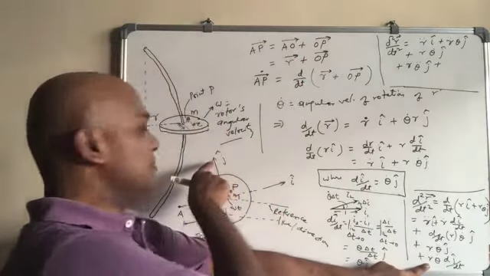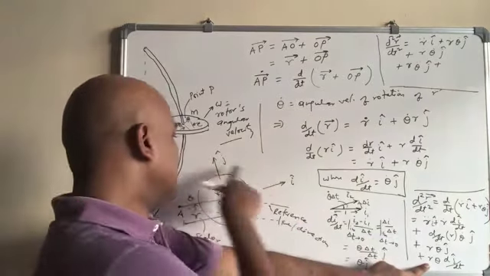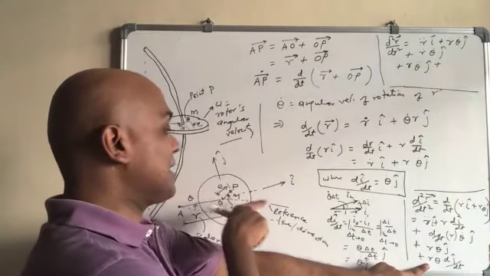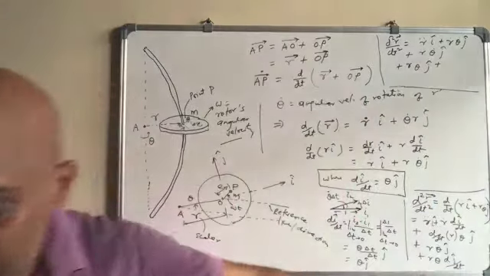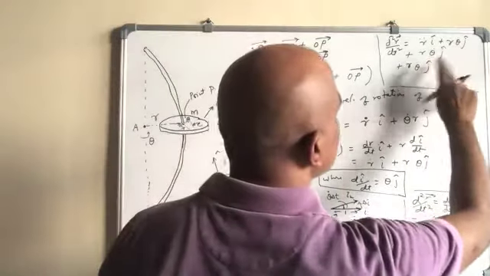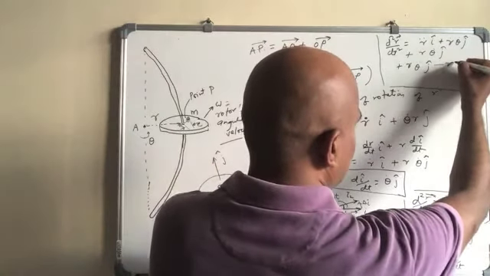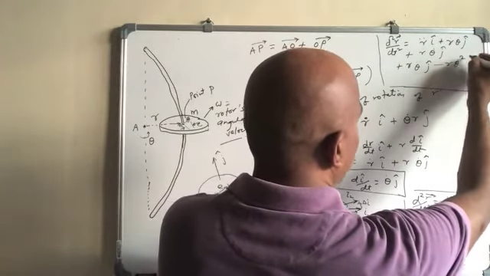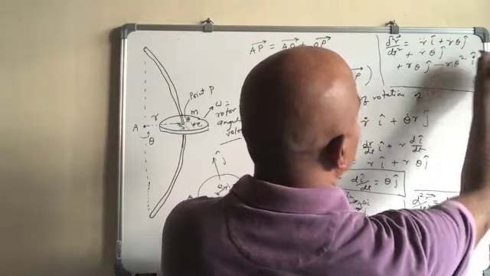So j will be 90 degrees from I, so dj over dt will be in the minus I direction. So what you get is not plus but minus, so you get minus r theta dot square I.